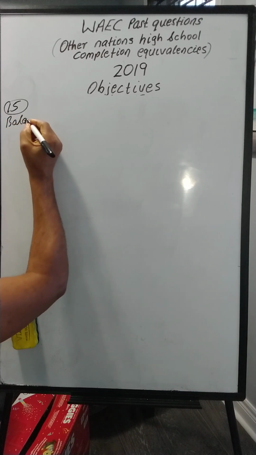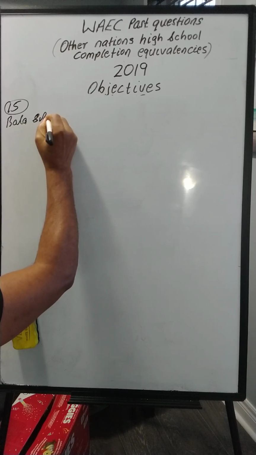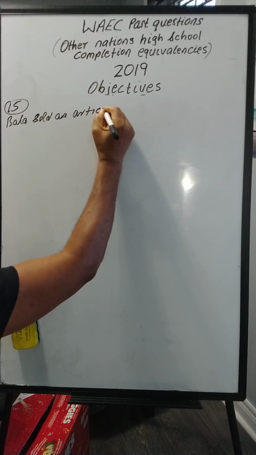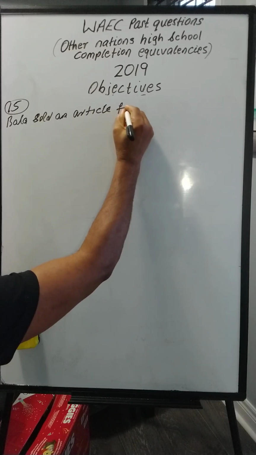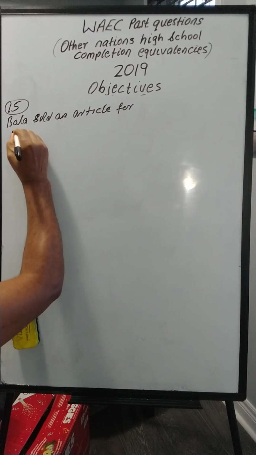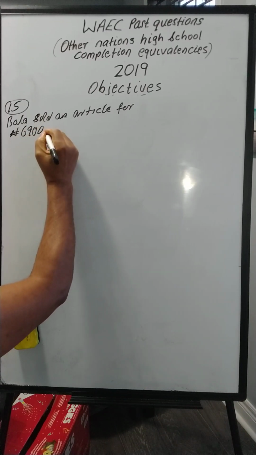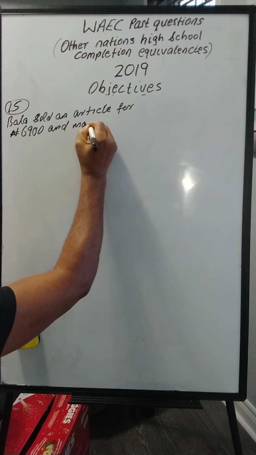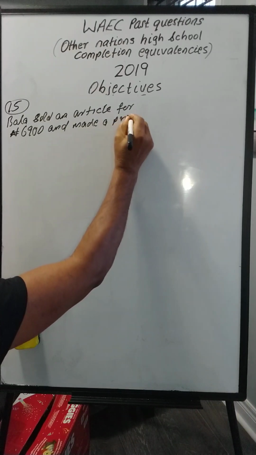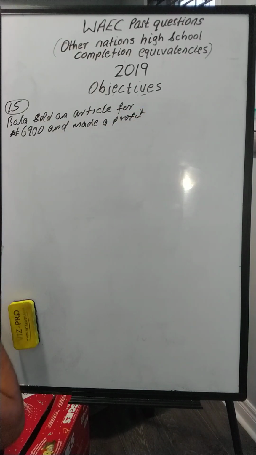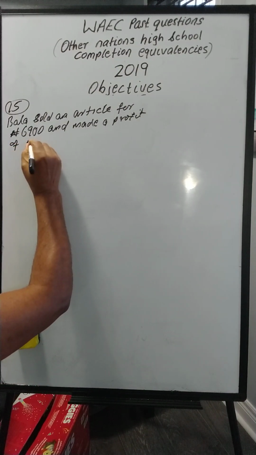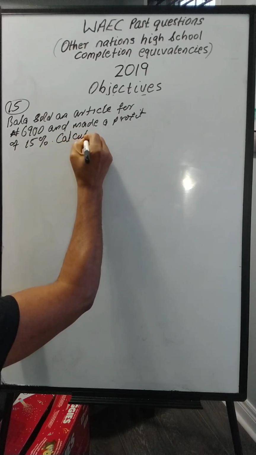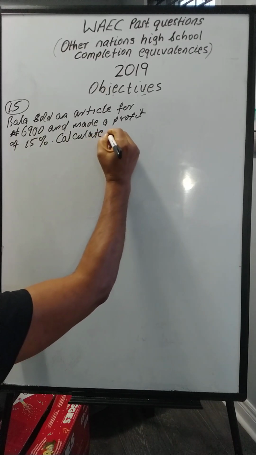Bala sold an article for ₦6,900 and he made a profit of 15%. Calculate his percentage profit.